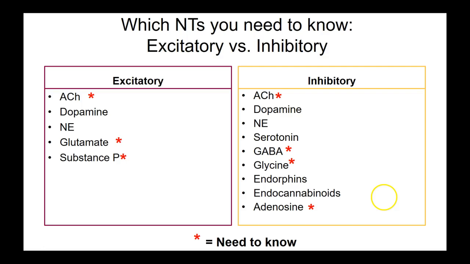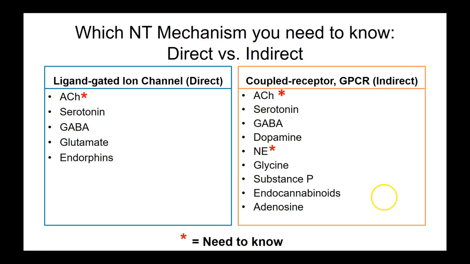You don't have to know which ones are direct versus indirect. The one you have to know that's direct is acetylcholine, and that it also is indirect. Where is it direct? At the neuromuscular junction, and indirect at cardiac muscle, through GPCRs. The other one is norepinephrine, also working on a GPCR.